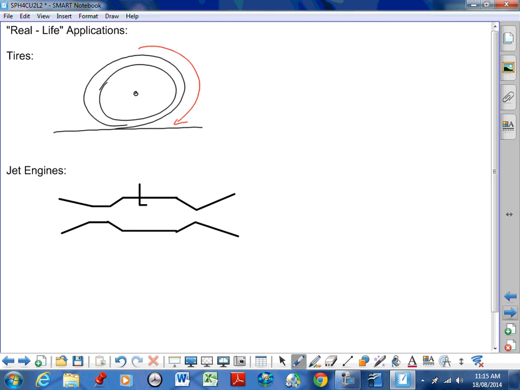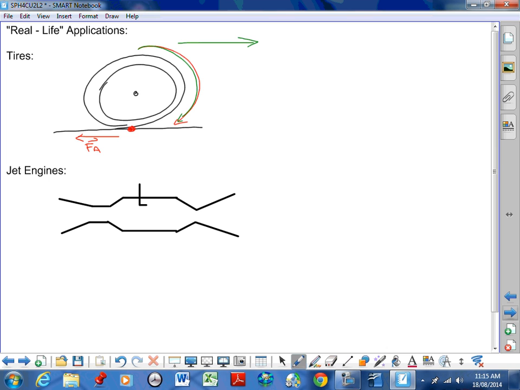So why are we allowed to move forward? It's applying a force at the point of contact, and it's in that direction. So why are we able to go? If my tires are rotating clockwise, that means I'm heading in that direction, but the force is applied backwards.